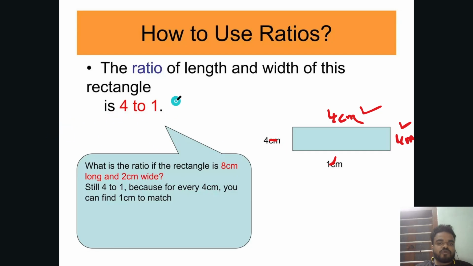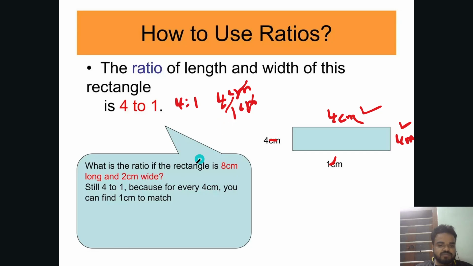How? 4 to 1 or 4 is to 1 or 4 by 1. Right? 4 centimeter by 1 centimeter. So the centimeter will get cancelled. Right? So 4 by 1, 4 is to 1 or 4 to 1.